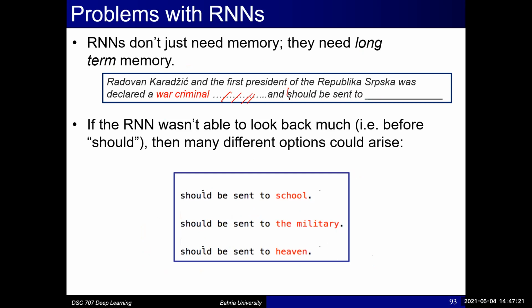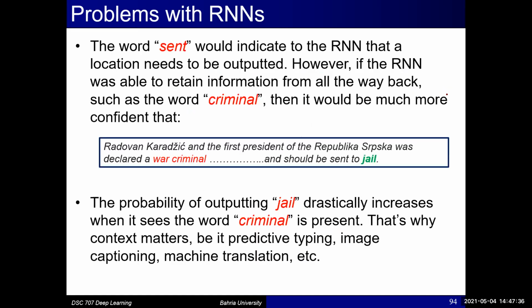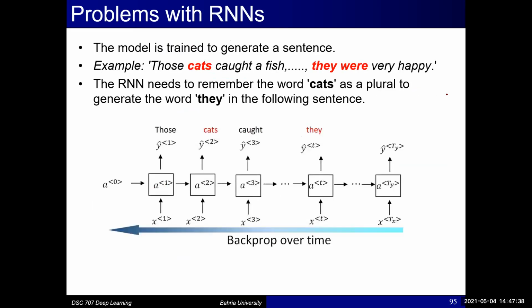If you see only "should be sent to", you know that there must be a place here, but what place, school or heaven? It is this keyword which tells you that this place should be a jail or prison or something similar. So again, there is a long-term dependency.